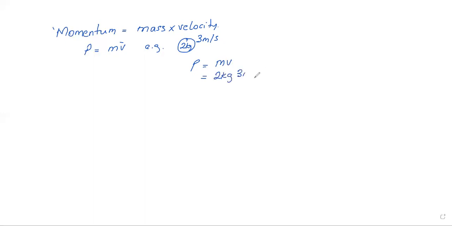Velocity will be 3 meters per second. Because v is a vector, it's important to indicate direction. So 6 kilogram meter per second east. We said momentum is a vector. So that's what you have.